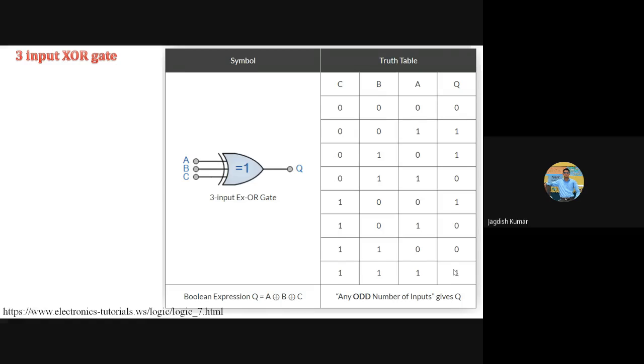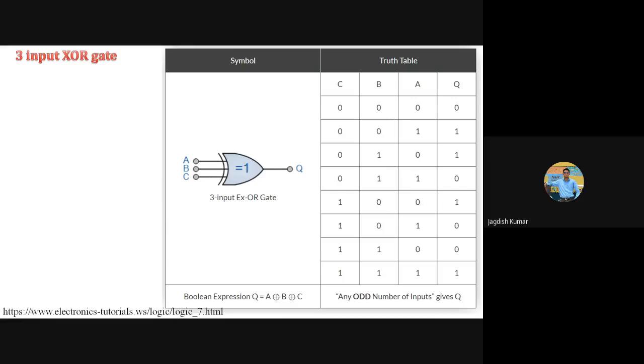All other cases, output is 0, except for this case, when all A, B, C are 1. So basically, the exclusive OR operation is that if we have an odd number of inputs being 1, then output will be 1. And if there is an even number of inputs being 1, output will be 0. That's what represents the exclusive OR operation.